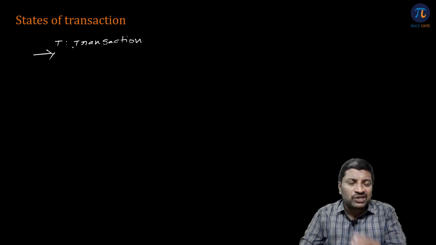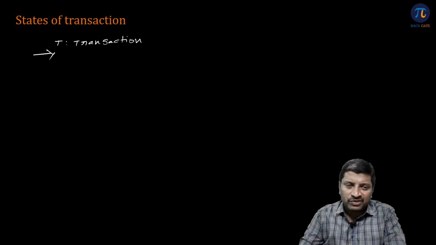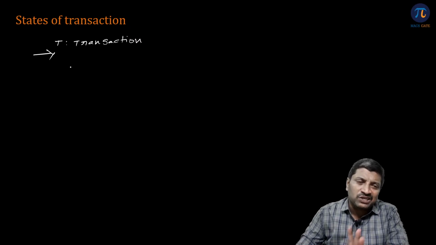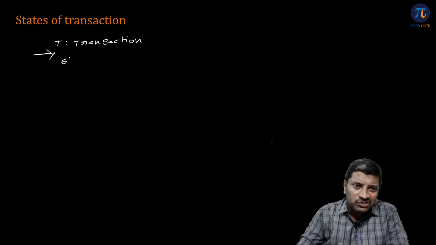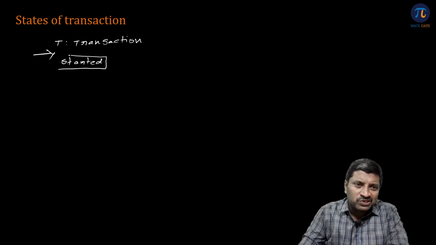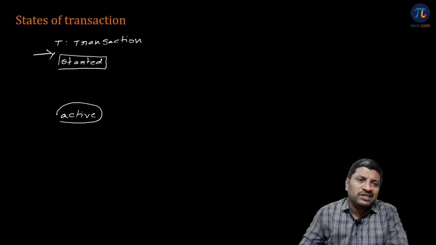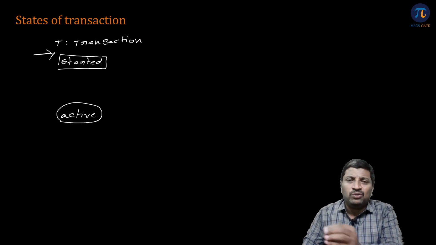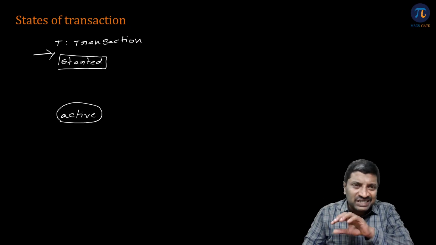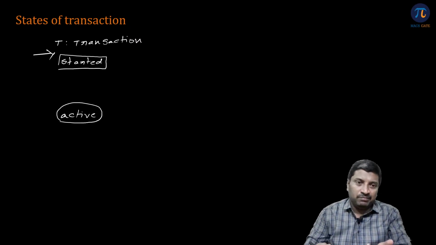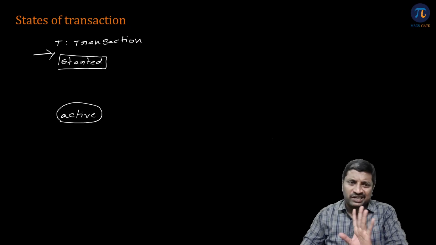Suppose it was not started, it doesn't have any state. Suppose it was started. When it is started, we say it is in active state. In simple words, it is running.